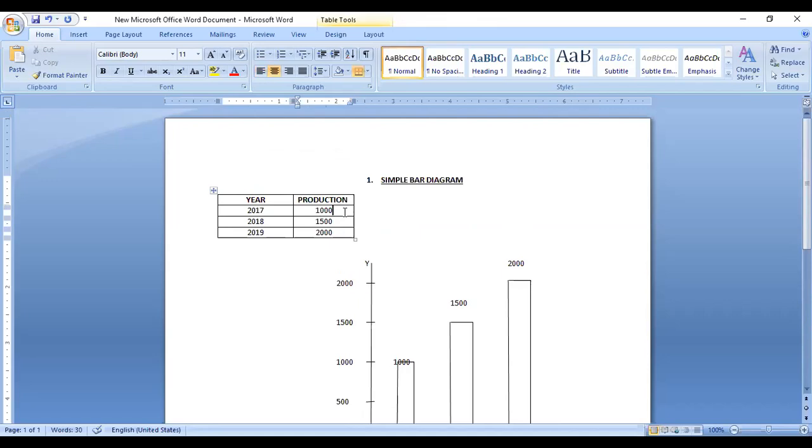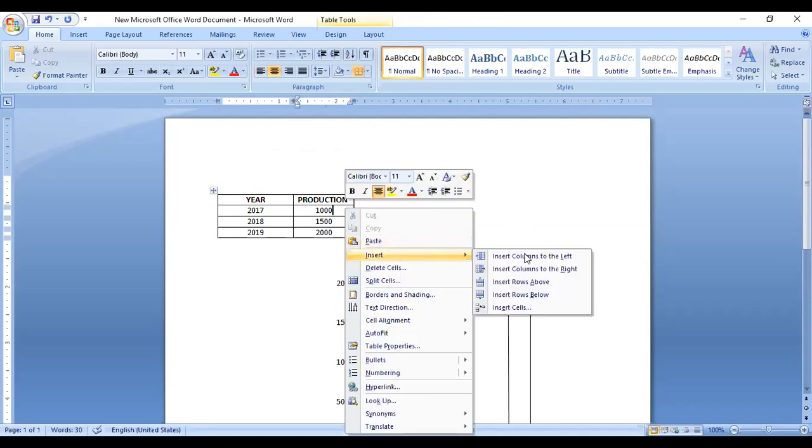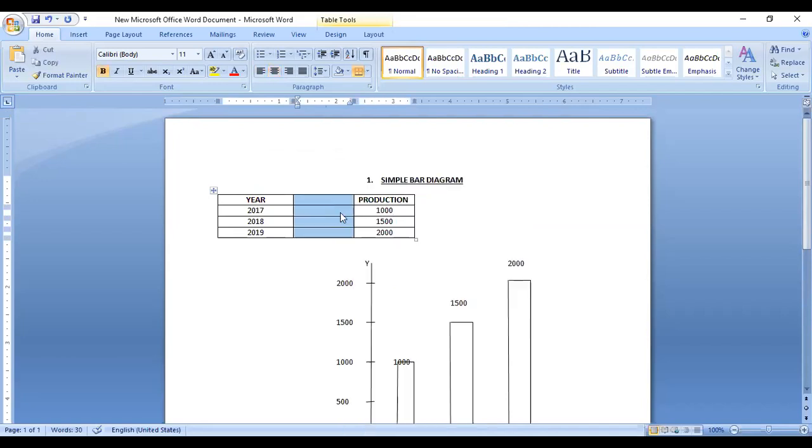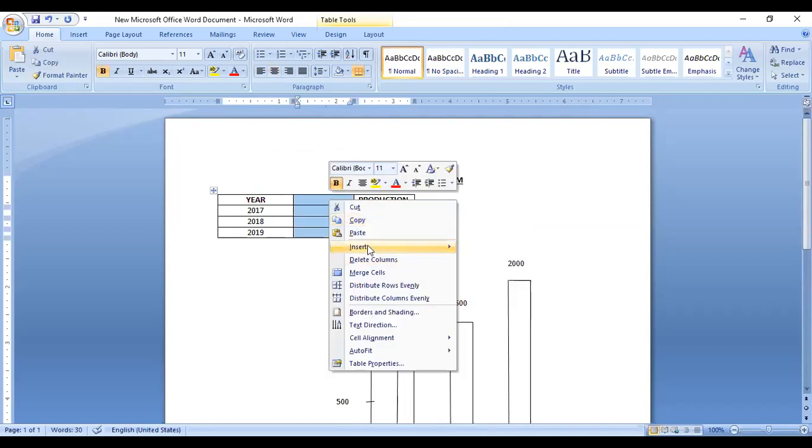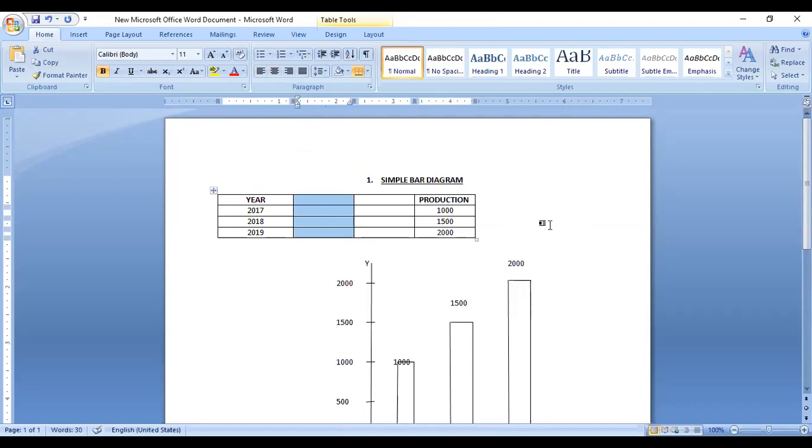Now let us take for example. Now in the years, this is paddy, production of paddy, and next one is wheat. Let us take for example.